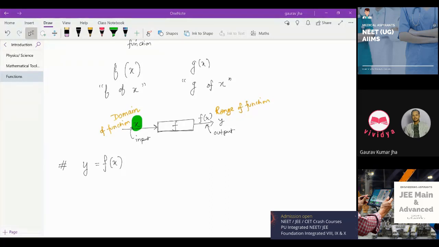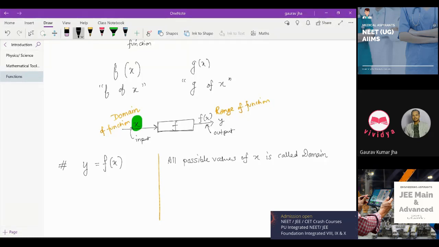I was telling you, just remember thought by thought, that all possible values of x are called the domain. So as you see, the domain is not just one value of x, it is all possible values of x.